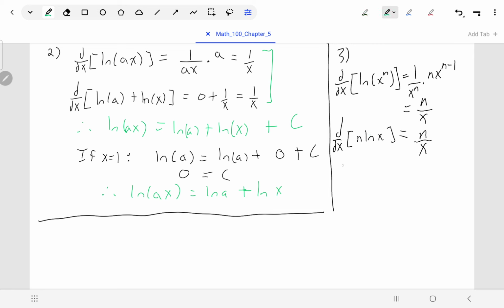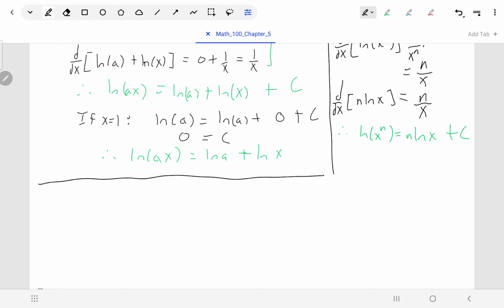So we're going to make the same kind of conclusion we did in part 2. We'll say natural log of x to the n is equal to n natural log of x plus some mystery constant c. Now, same as in part 2, we need to figure out that this mystery constant c turns out to be 0. That's easy enough, because if x is 1, then you'd have natural log of 1 to the n, which is natural log of 1, which is 0.